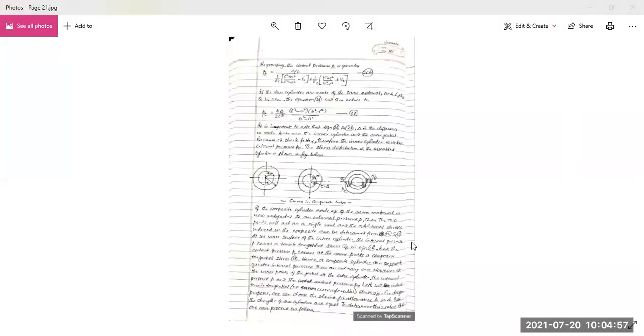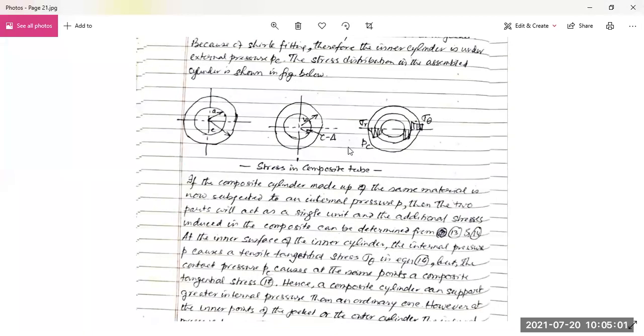Now, let us go to the discussion of our part, the composite cylinder.